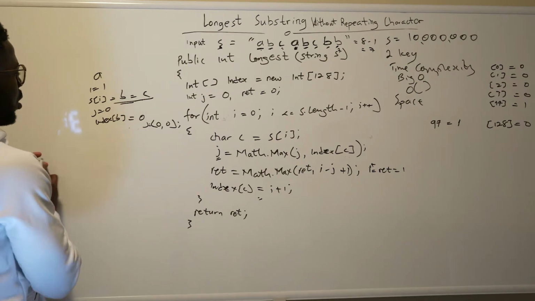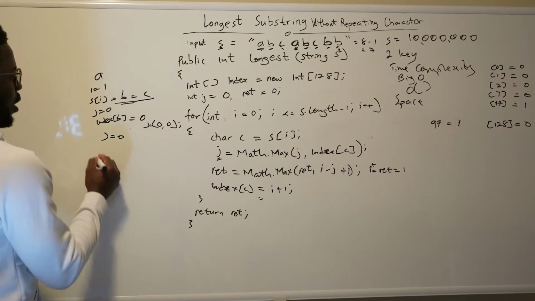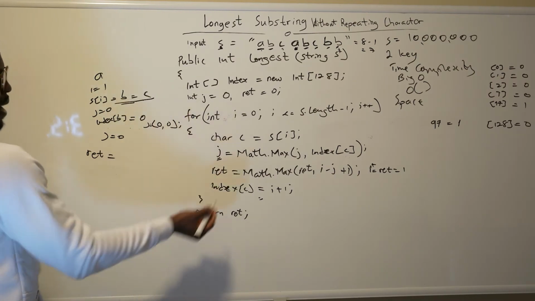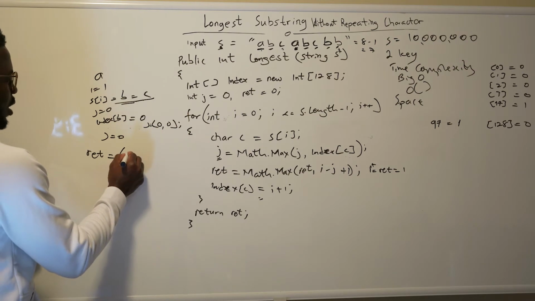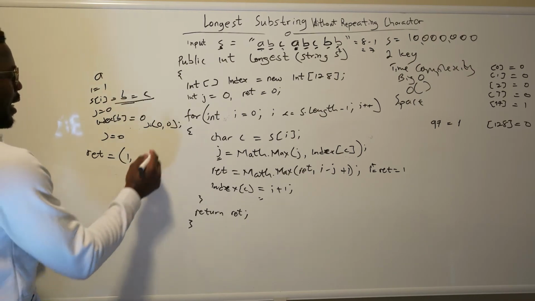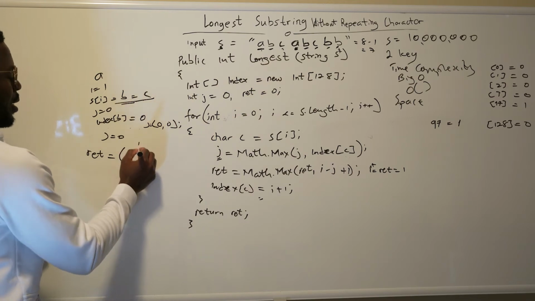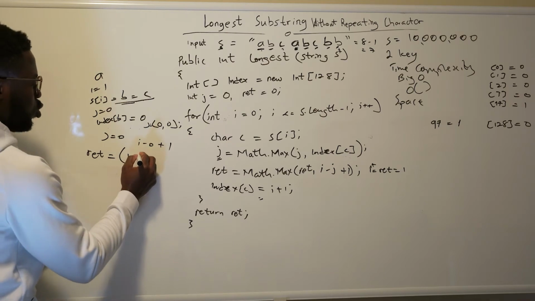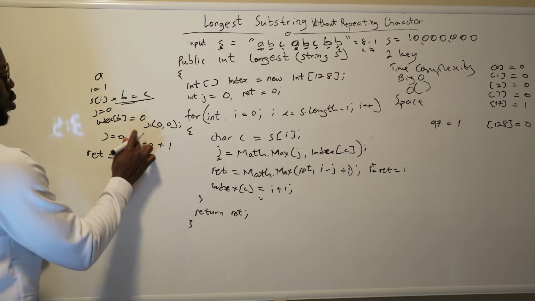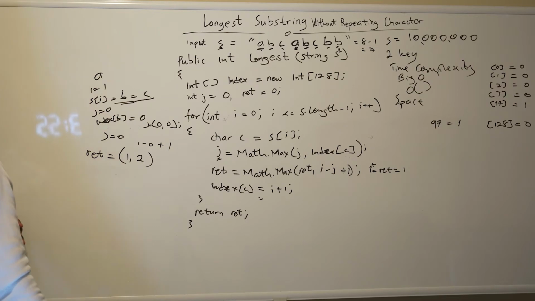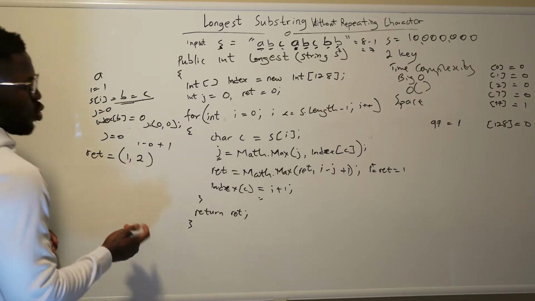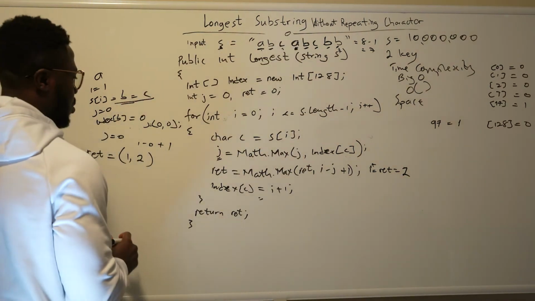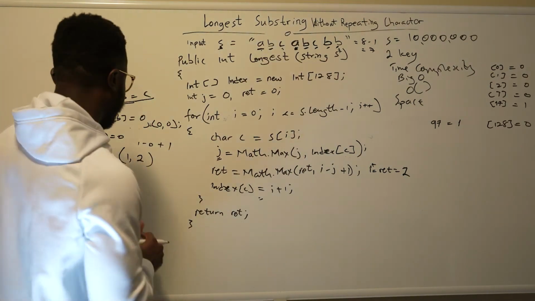So we know J is equal to 0. So the return is going to be the max of, we already know return is 1, I, which is 1, minus 0 plus 1, which is equal to 2. Right? So the max of this is 2. So ret is going to be 2 here. That is the second iteration.